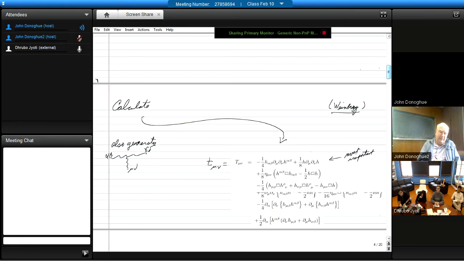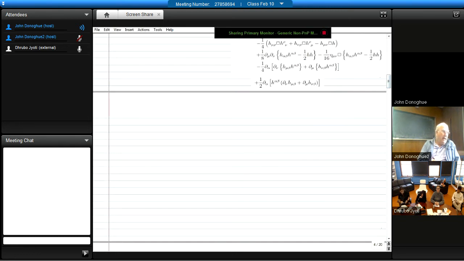Now, there's a bit of gravity lore here that I just want to do. You can get general relativity from an argument like this. Interactions. So this is some work that Stanley Deser did, 1970.